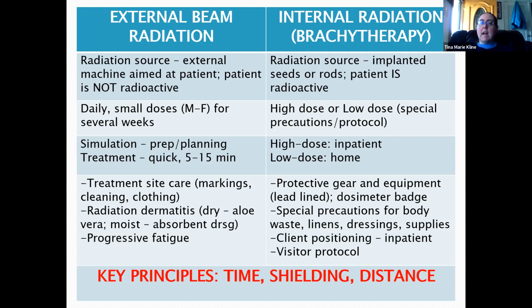If it is radiation that's going to the brain, for example, a brain tumor, they may actually make a mold of their face, and they have this face mask mold while they're laying there to keep them in place while they're getting the radiation. It might be wedges, positioning, again, trying to line up those tattoos. The simulation part of radiation actually takes the longest.